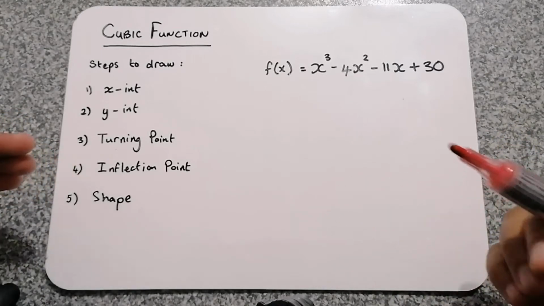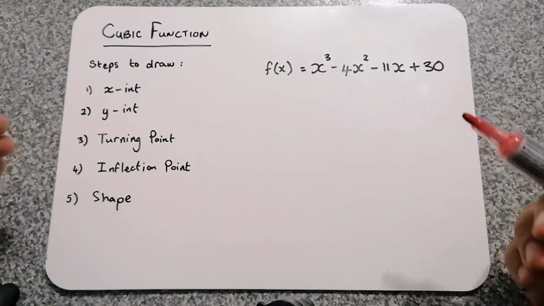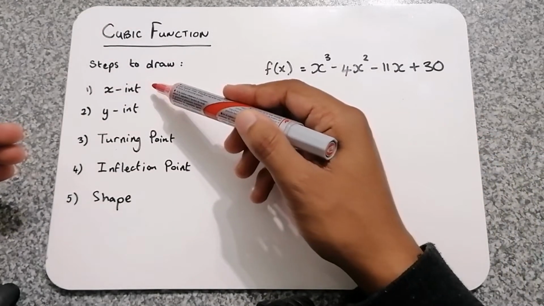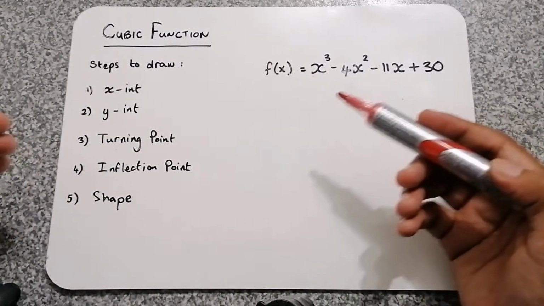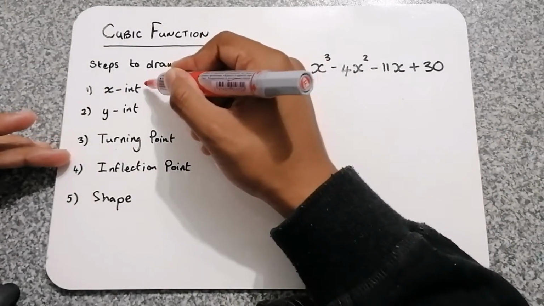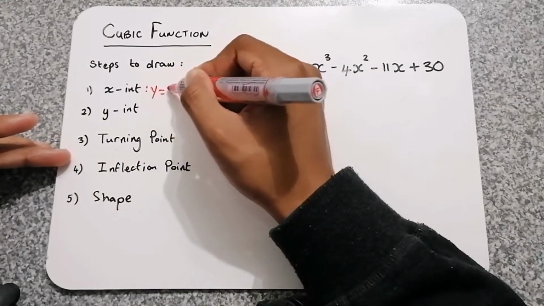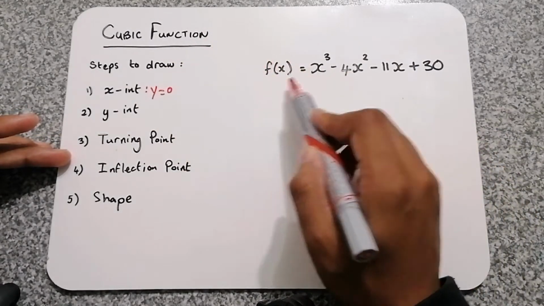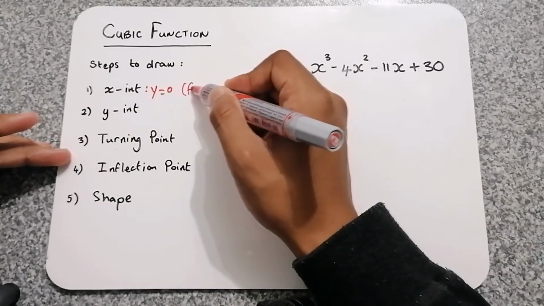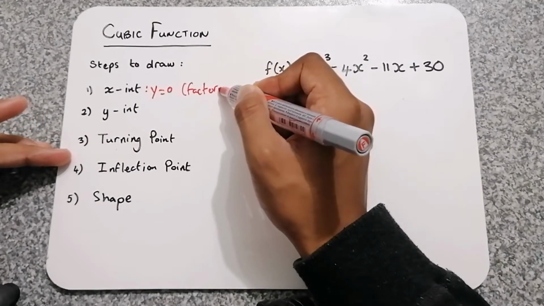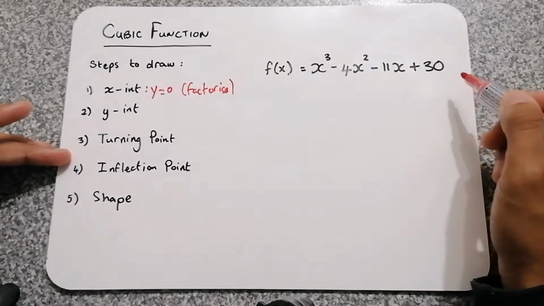Okay, so we'll start with the regular things when we draw any function, the x-intercept and the y-intercept. So you guys are well familiar with this. To work out an x-intercept, you simply make y 0. And once you make y 0, you will then have to factorize the trinomial and solve x.